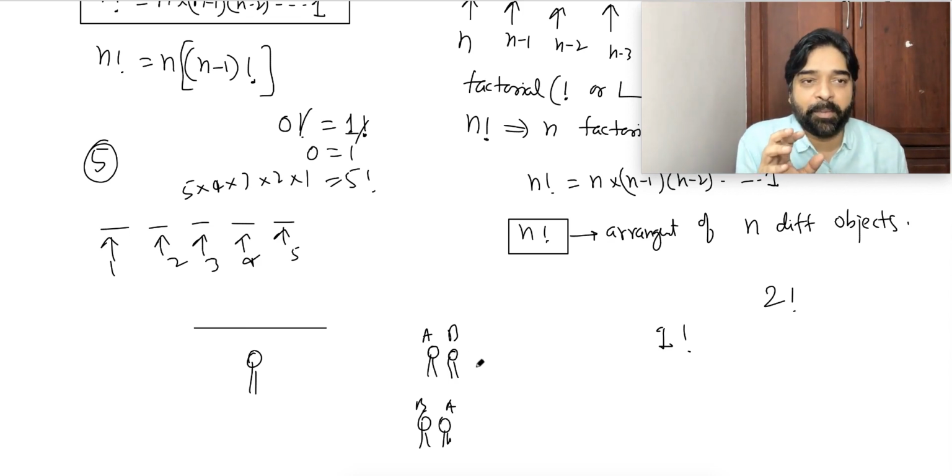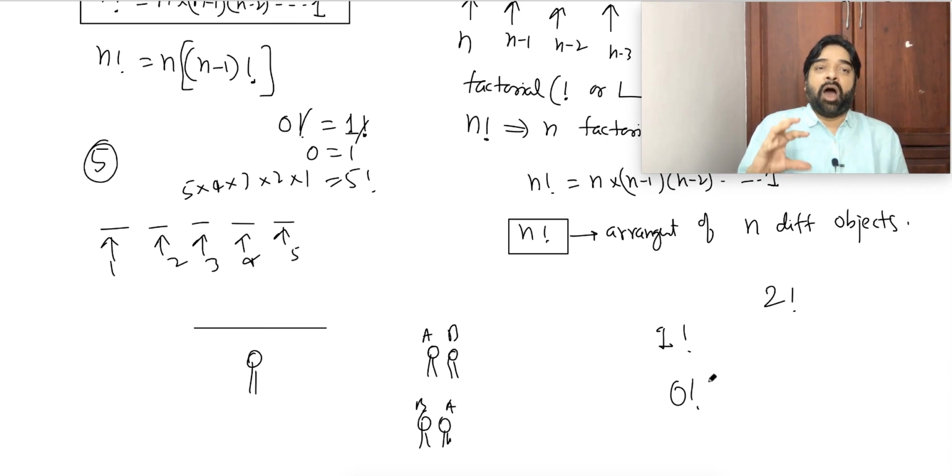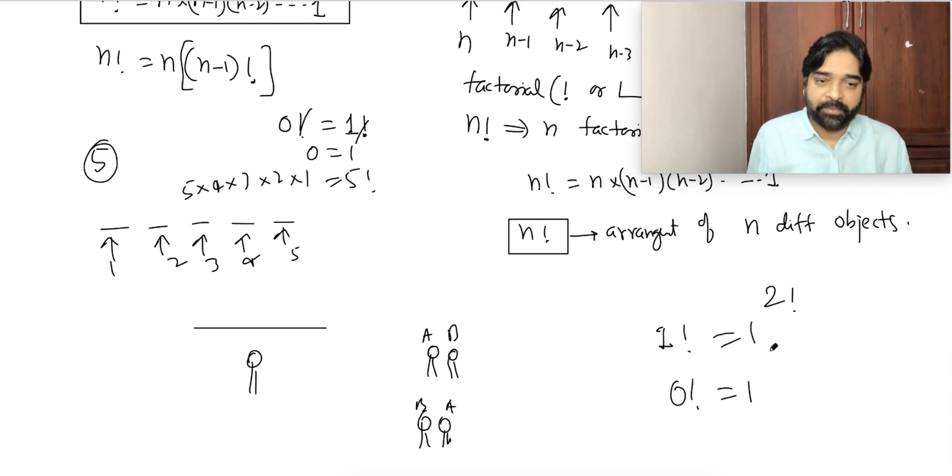Are you getting my point? If there is no object, that is also one of the arrangements, one of the looks of things. So 0 factorial means the arrangement of 0 objects. How many ways can we arrange 0 objects? One way. How many ways can we arrange 1 object? One way. That is why the value is 1. Both are the same.